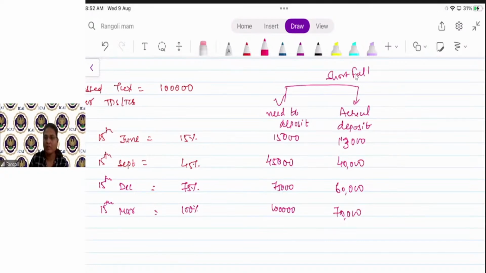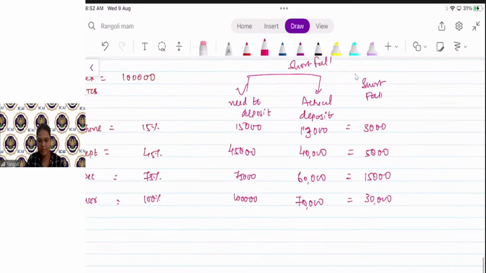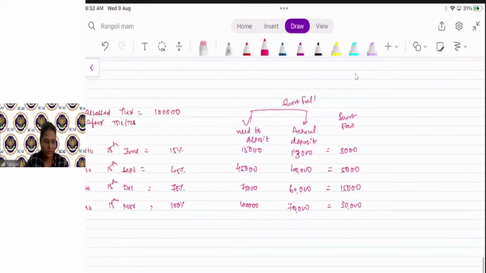Instead of 75,000, I paid 60,000. So there is shortfall. Yes or no? So here the shortfall is 2,000. Here the shortfall is 5,000. Here the shortfall is 15,000. Here the shortfall is 30,000. Everyone clear with the question? Yes or no?